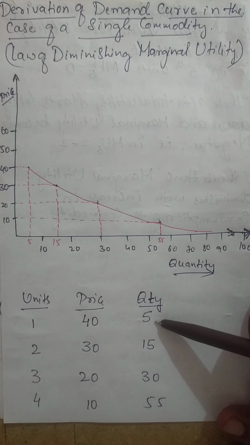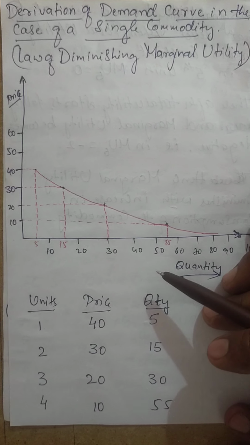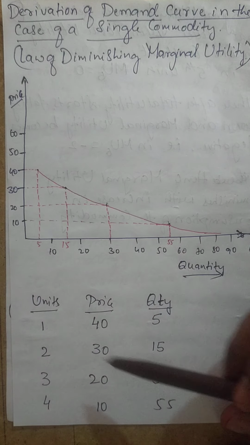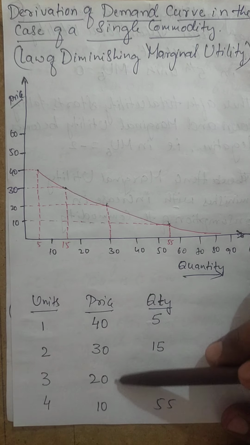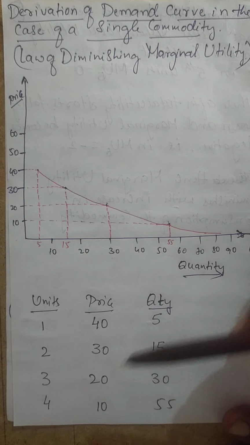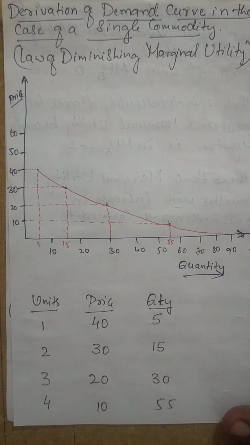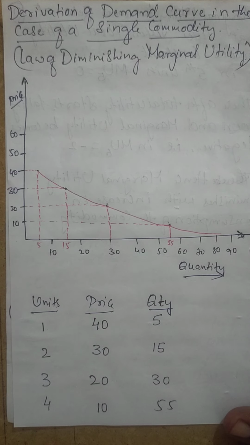In case of single commodity, let us consider rice or wheat, whatever the product is. The units of consumption are measured in numbers, the price is also priced in numbers, and quantity is measured in kgs.